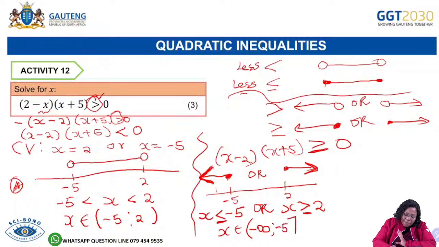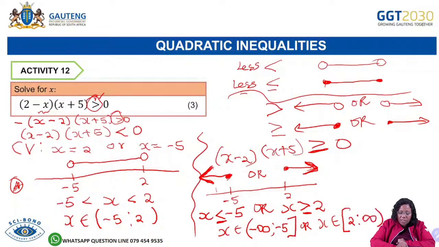But negative 5 is included because it has an equal sign. Or x, for the 2 part, for the solution for 2, is an element. Remember, this is going to positive infinity. It will start from 2 with a square bracket up to positive infinity. Infinity takes a round bracket. Can you see, grade 12? There is a lot to take note of when we are using the bracket notation.